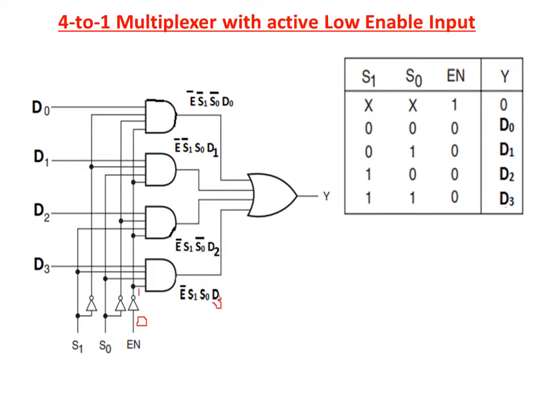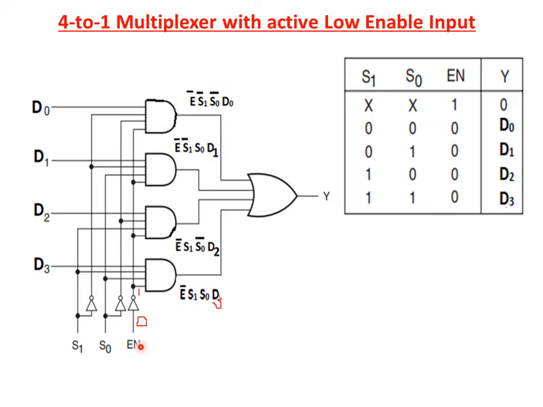Now when the enable input is 0, for all these combinations, it works in normal multiplexer mode. So for the 0 0 condition, the D0 input is selected, for the 0 1 combination, the D1 input is selected, for the 1 0 combination, D2 is selected, and for the 1 1 combination, D3 is selected.